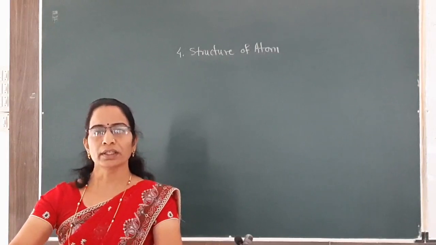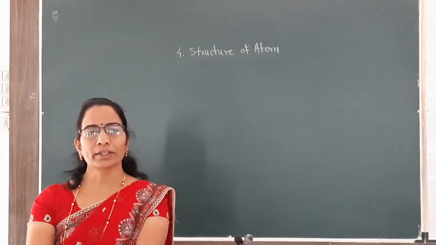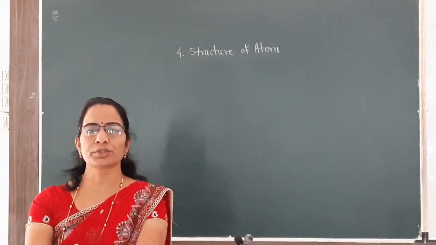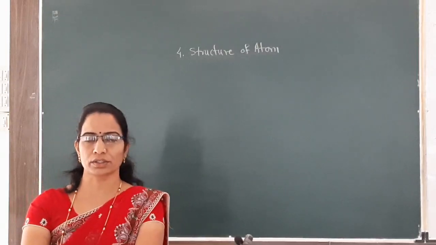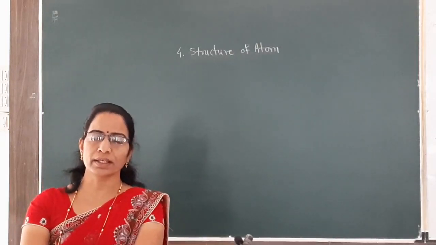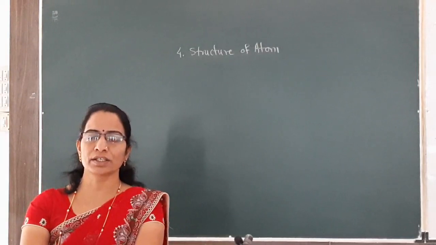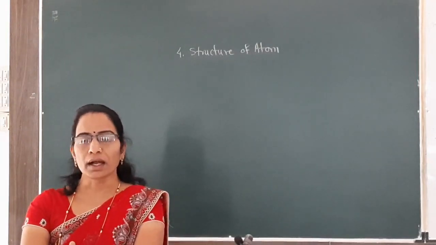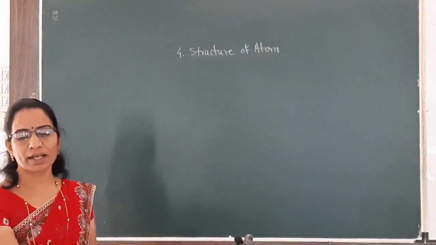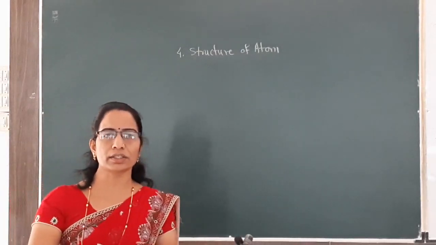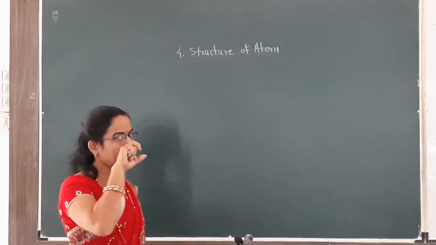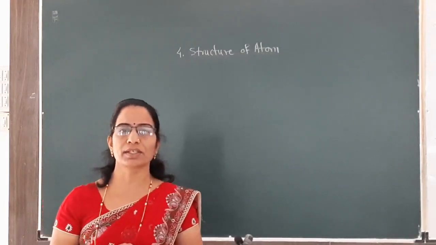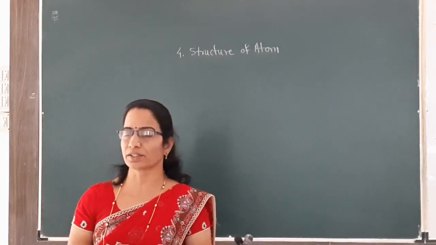Now, in an atom, the electrons are filled in these various orbitals. Today we will see this orbital wise distribution of electrons in an atom, and here that orbital wise distribution of electrons in the orbital is given by one principle which is named as Aufbau principle.